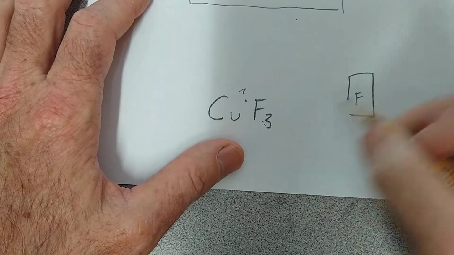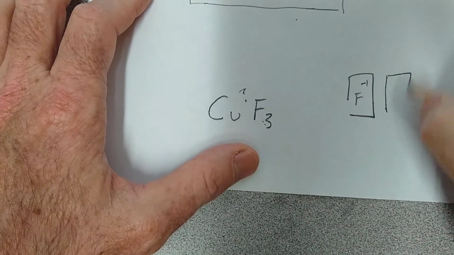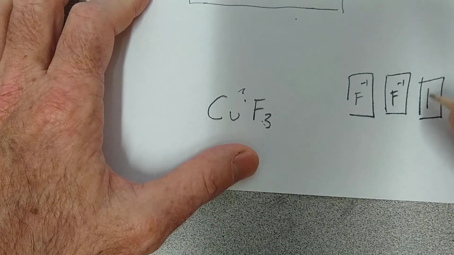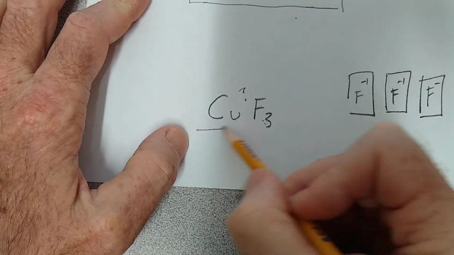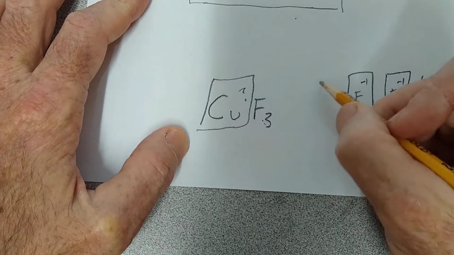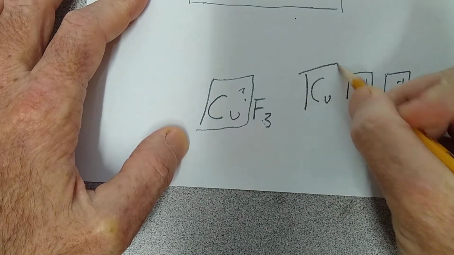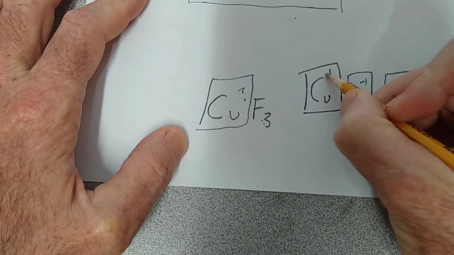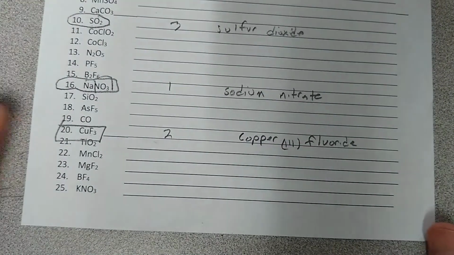Every F card has a -1 charge. We know that. We know the oxidation of F. And how many copper cards are here? That's right, there's only 1. So if it's -1, -1, -1, then that copper had to be a +3. And that's how we get the name copper 3 fluoride.